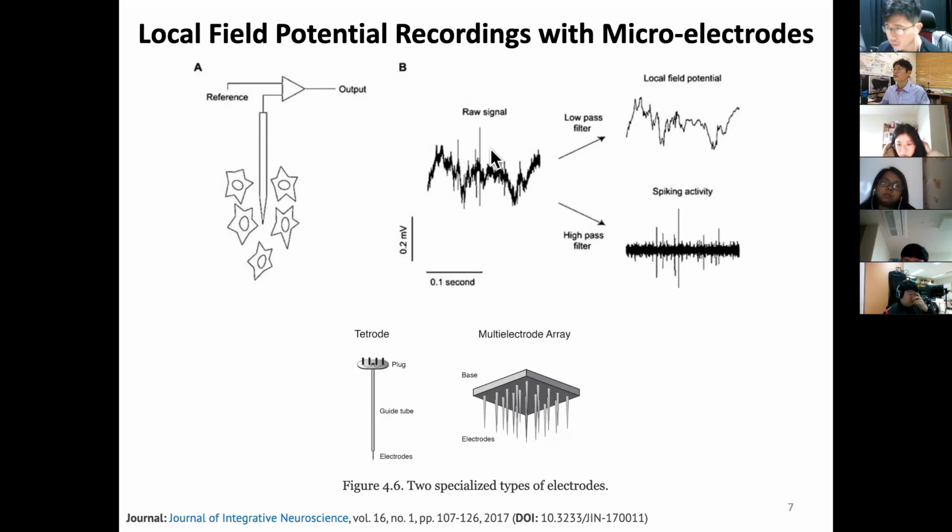So how we use this with microelectrodes, as I said, there is a tetrode or MEA, multi-electrode array, which you will poke in and record nearby this electrode. In this case, you can see there are 4 electrodes nearby, and it can be extended to a multiple electrode array as well.